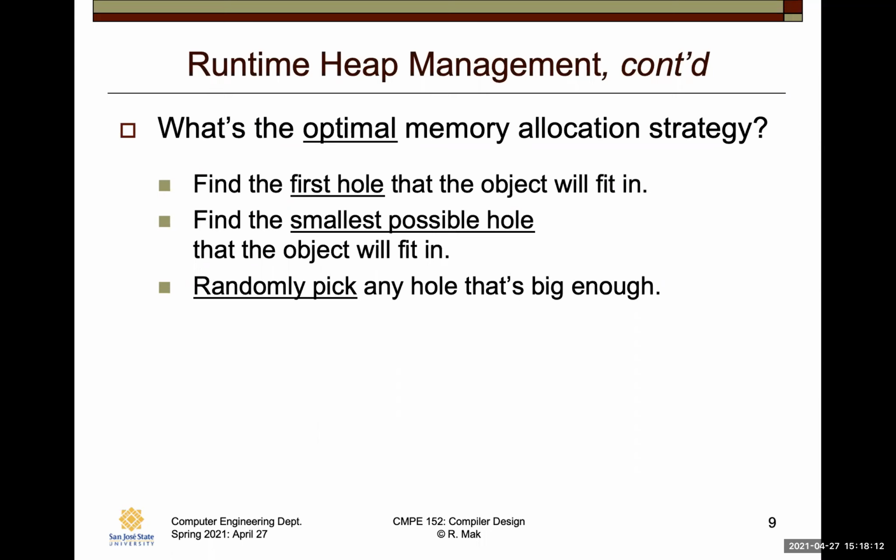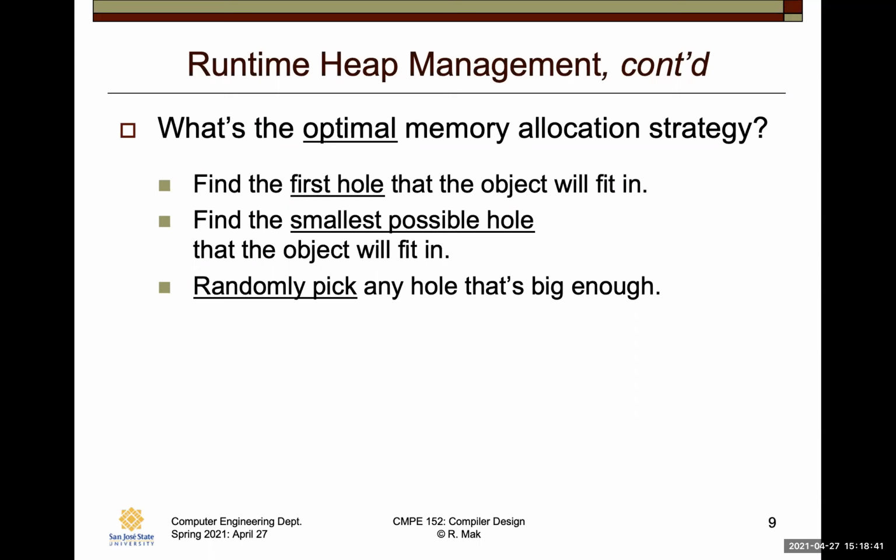There's yet another algorithm that says, we'll just randomly pick a hole that is 10 blocks or bigger. So of all the holes in the heap that are at least 10 blocks in size, we'll just randomly pick one and then stick the new object in that hole.